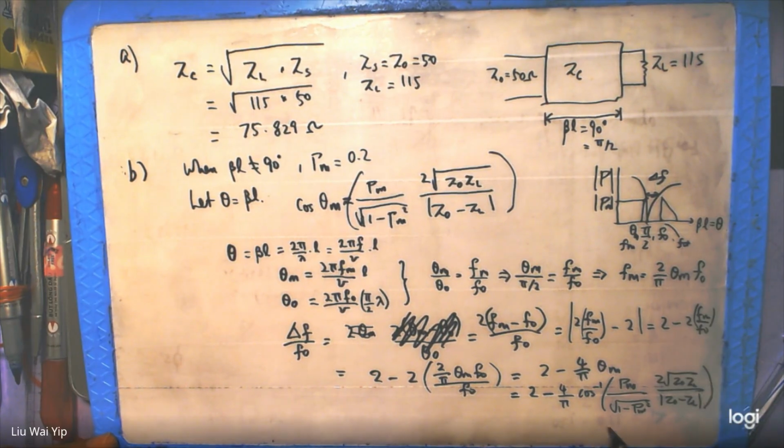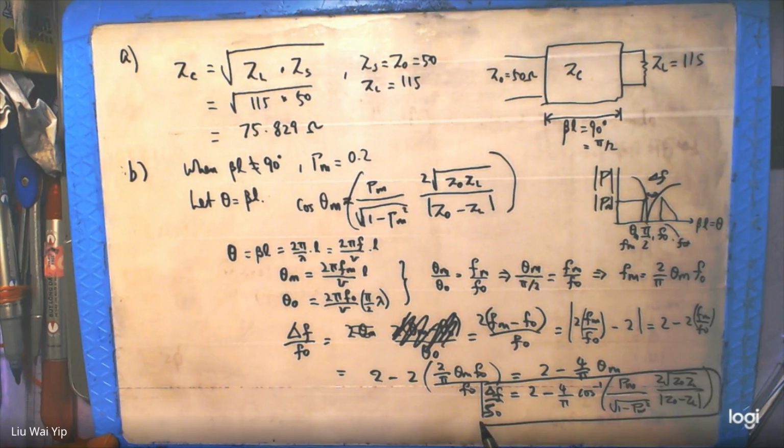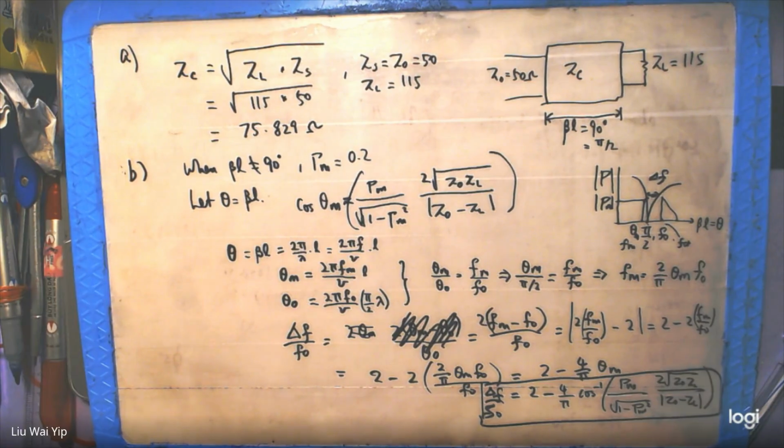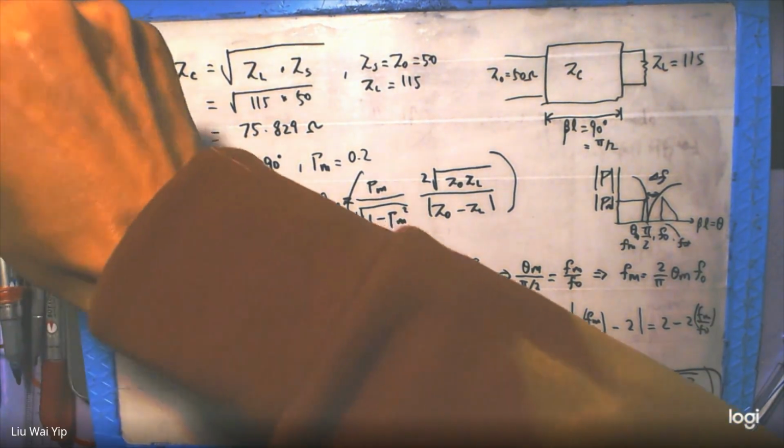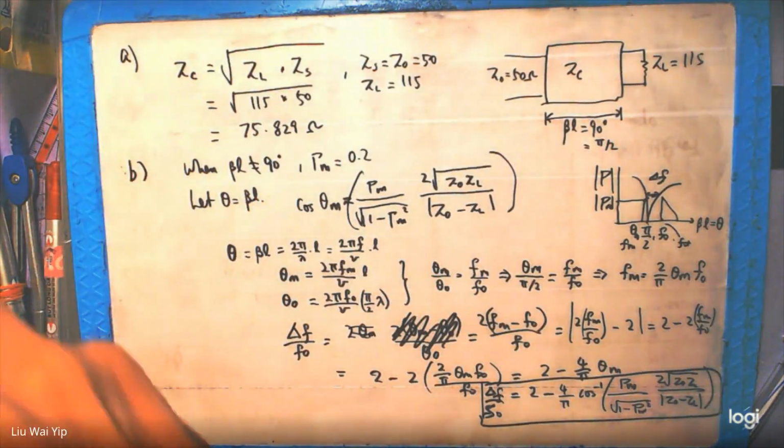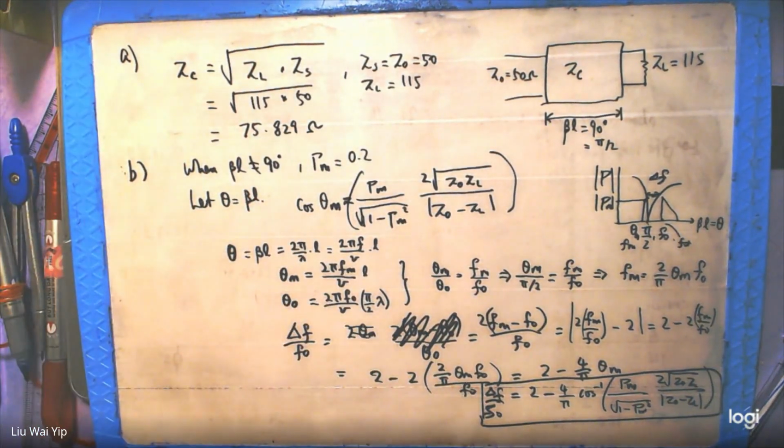In other words, this is the formula for the fractional bandwidth. We can use this formula to find out the fractional bandwidth.